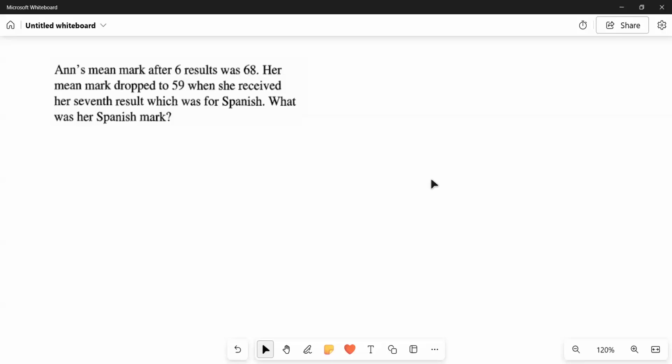So Anne's mean mark after 6 results, or maybe she got back her scores for 6 different tests, was 68. Her mean mark dropped to 59 when she received her 7th result, which was for Spanish. What was her Spanish mark?